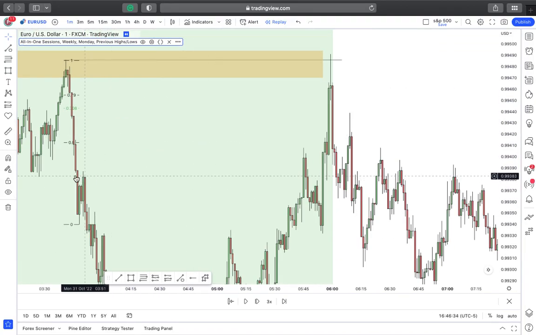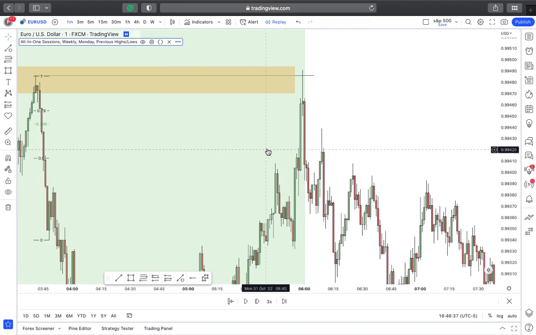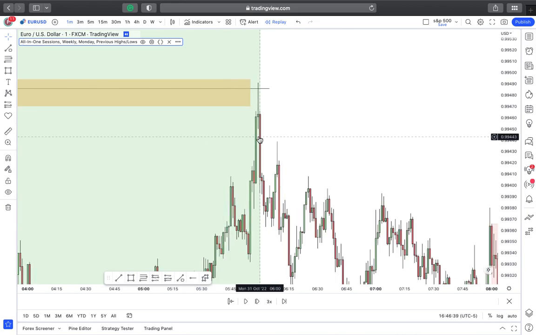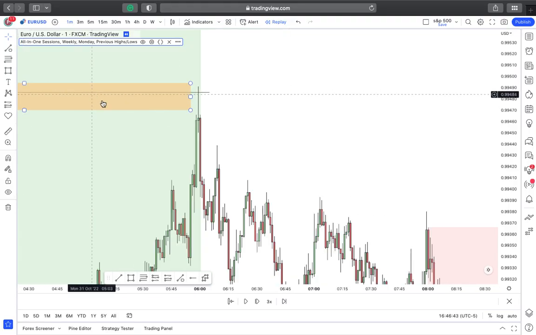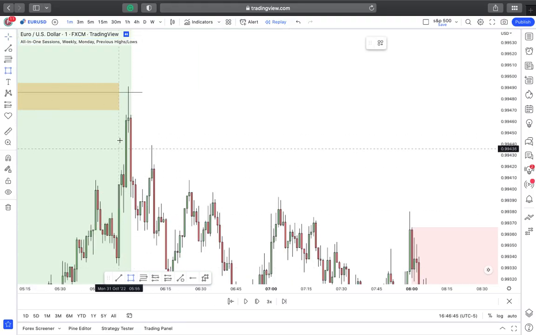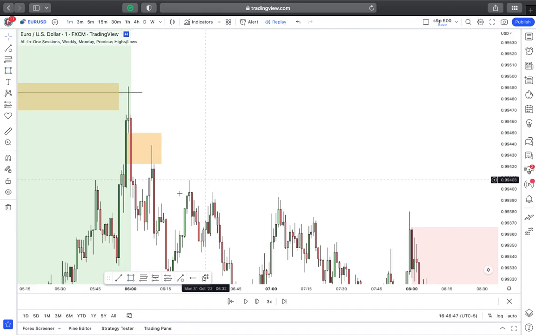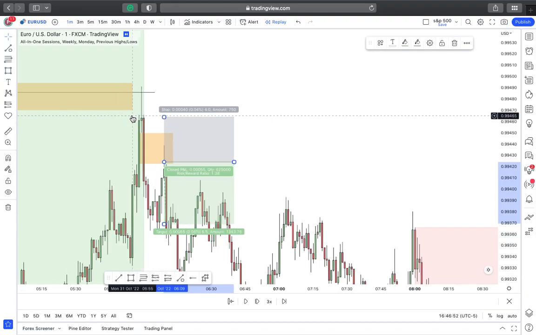So this was not the valid one, although this had more confluence because this swept this 1 minute highs, and this one comes with a BPR. So this could have been an entry, could have been your stop loss.